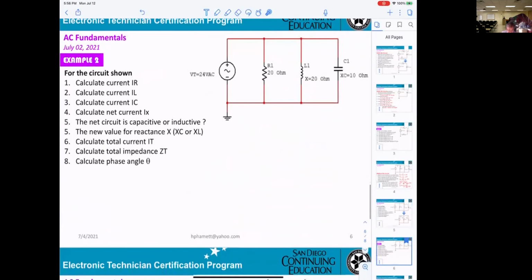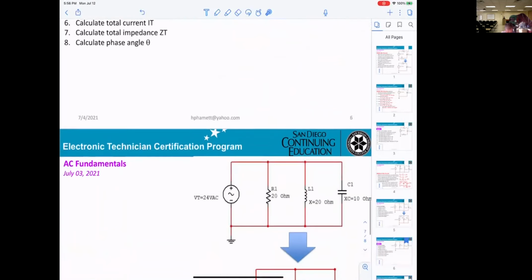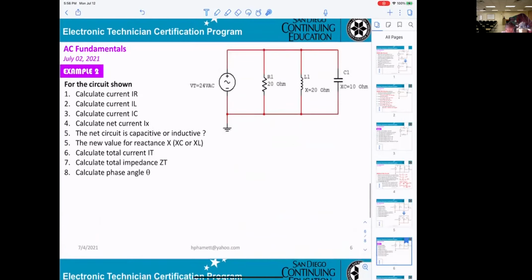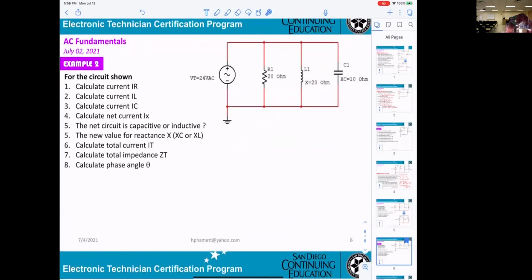Okay, so I want you to go ahead and do this example for me. I think that will be the last one. In order to make sure you understand, you have to do your calculation.